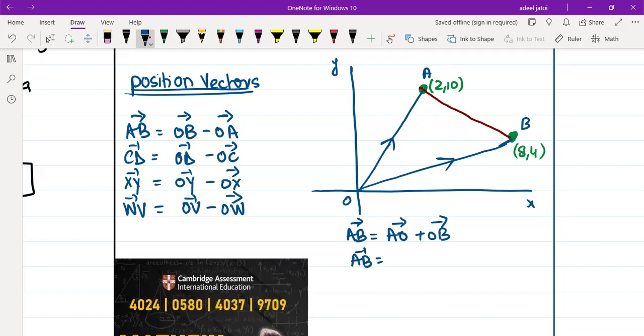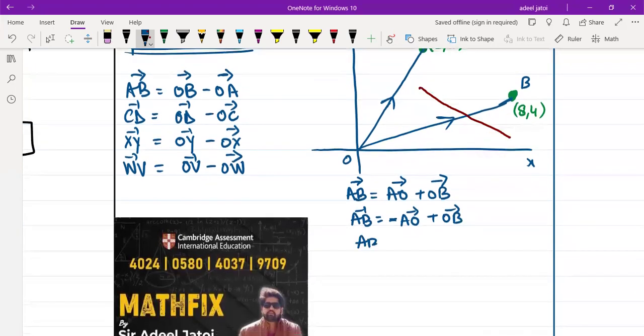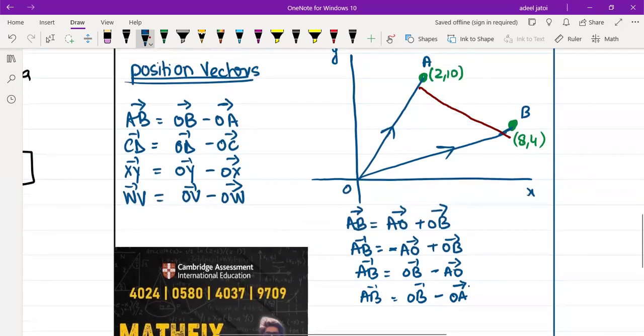Since I'm coming from the opposite direction, this is going to be negative OA plus OB. So AB is basically OB minus OA.